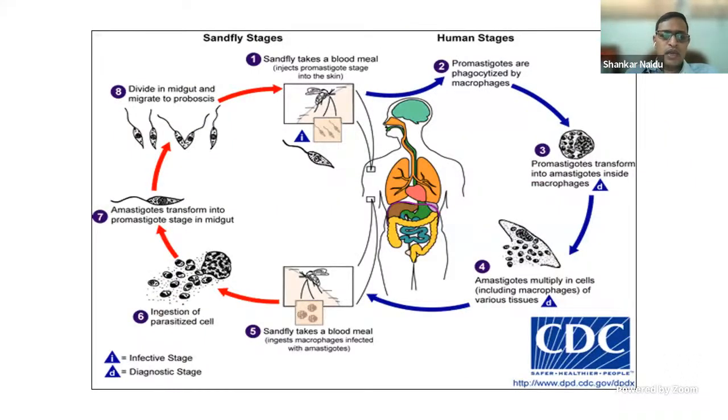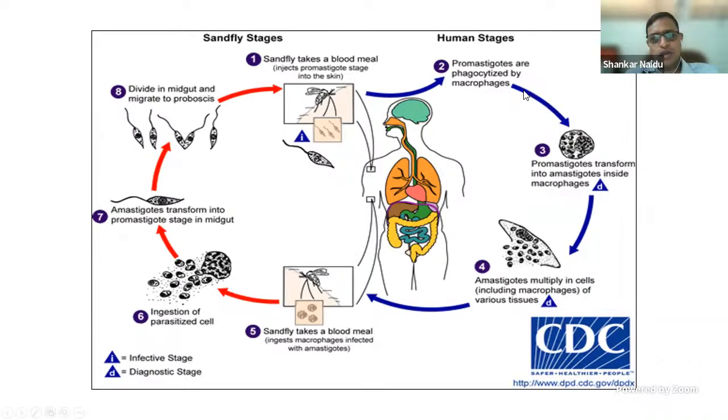So this is again highlighted in this life cycle of Leishmania. As we can see from here, the first step is that the sandfly, which is infected with Leishmania, contains the promastigote stage, which, when these sandflies bite humans, they transmit into the blood of the humans.